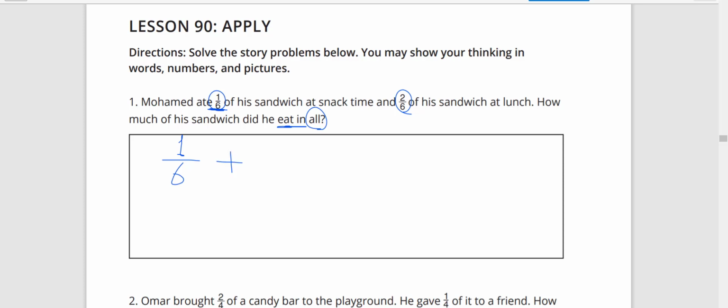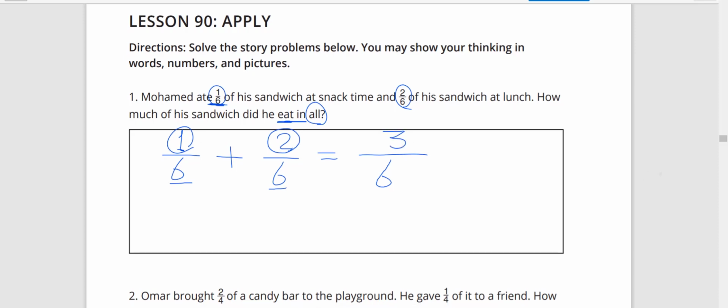So we must use addition, or adding. One sixth plus two sixths equals what? Write 6 in the denominator because it is the same number, and add the two numbers in the numerator. 1 plus 2 equals 3.